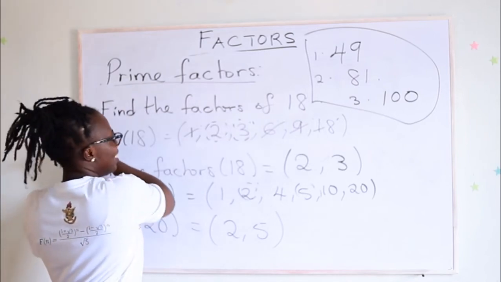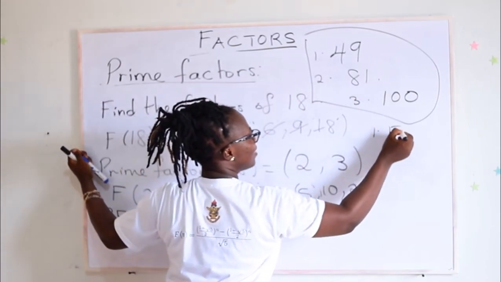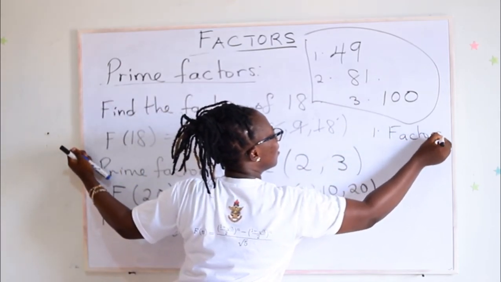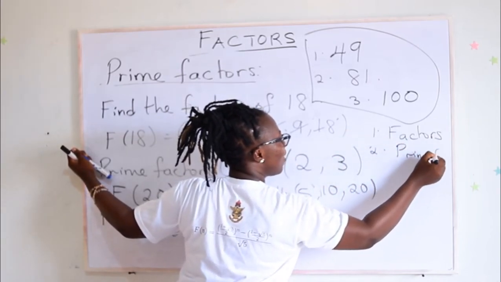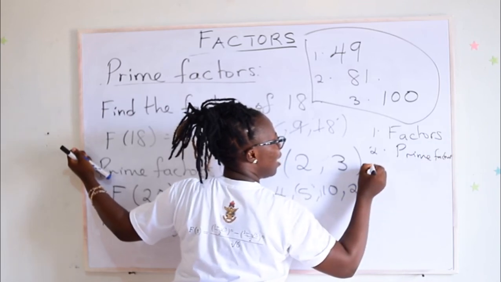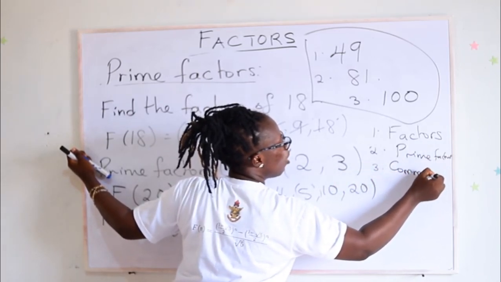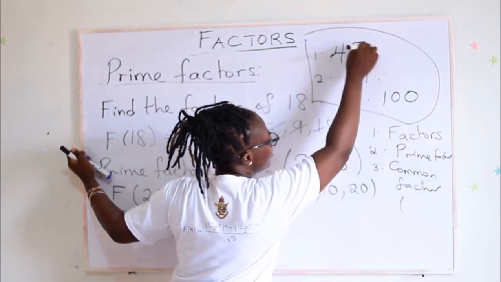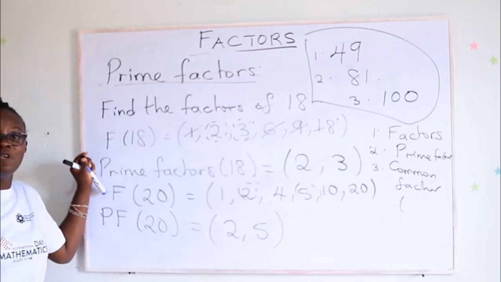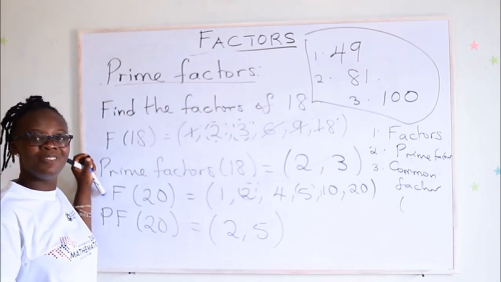So your first is, find the factors. Second, find the prime factors. Then third, you find the common factors for these three numbers, and give me your results in the comments section. Thank you.